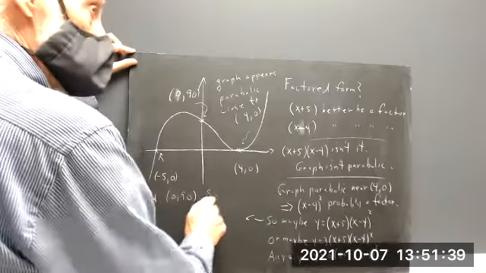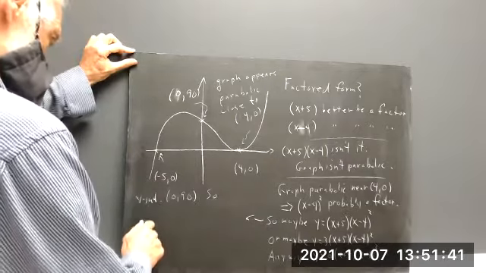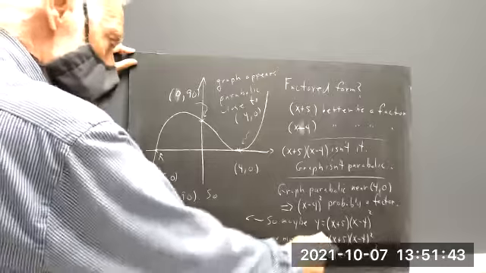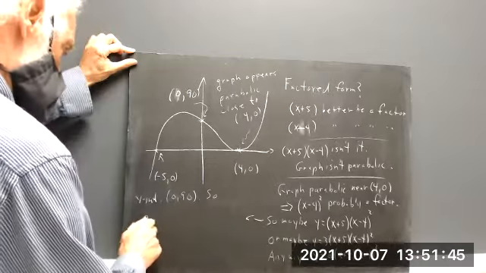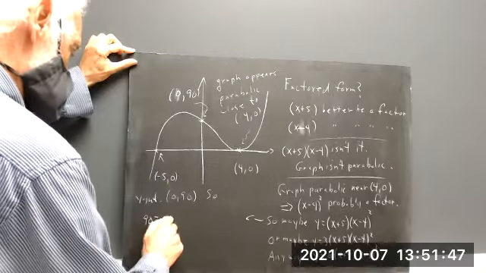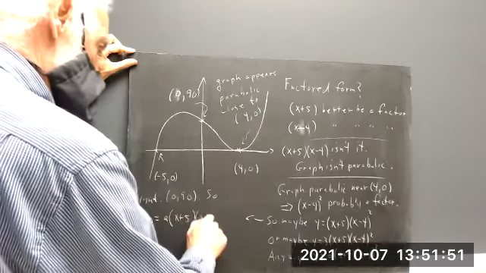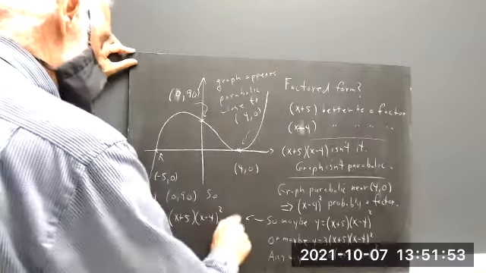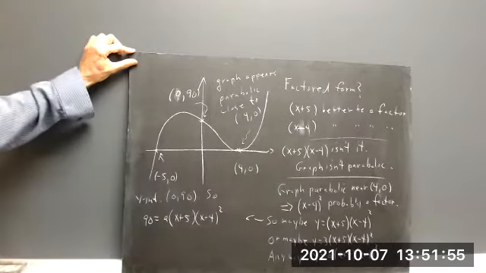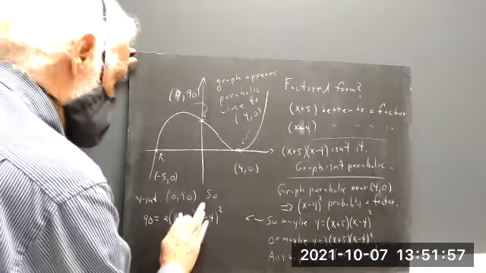So y should be 90 when x is 0. So 90 equals a multiplied by x plus 5 multiplied by x minus 4 quantity squared. But x is 0.